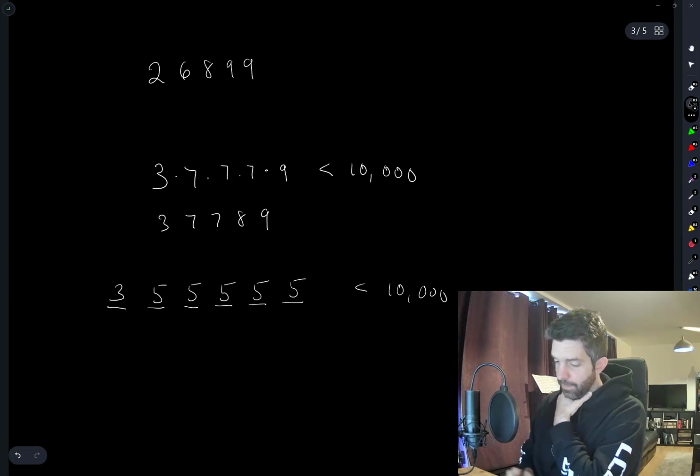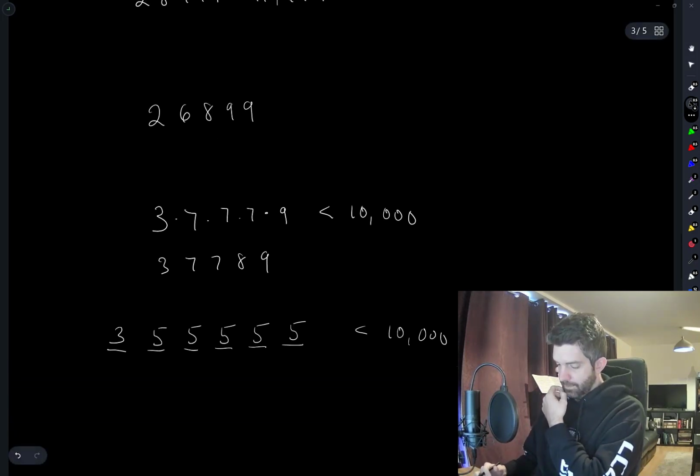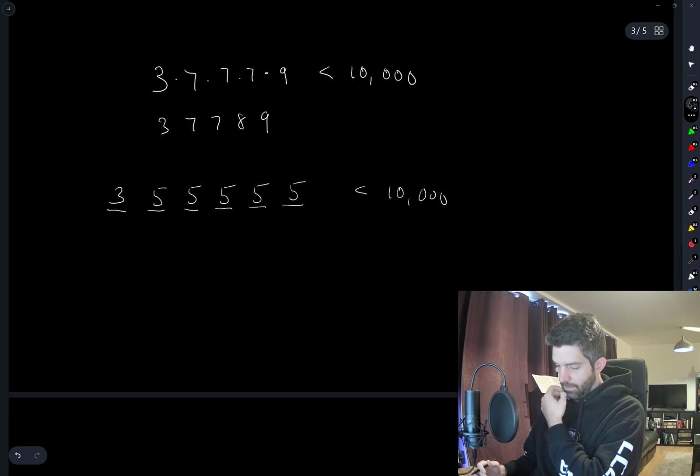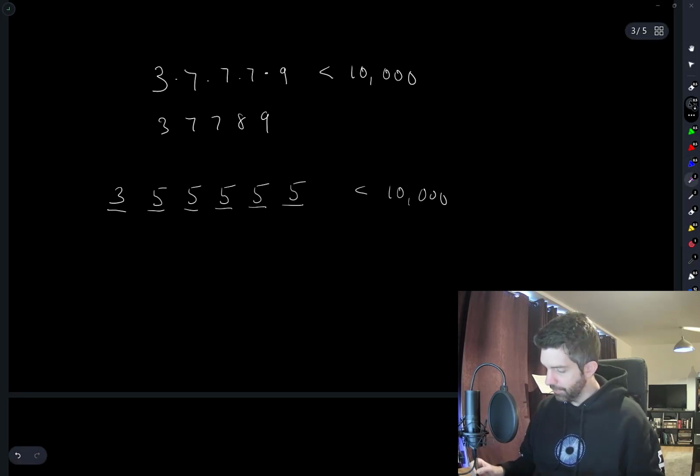Didn't have to waste my time with all this 5-digit stuff. Okay, but if I replace a 5 with a 7, it breaks it. It goes above 10,000. What about if I multiply by 6? No, it doesn't work either.